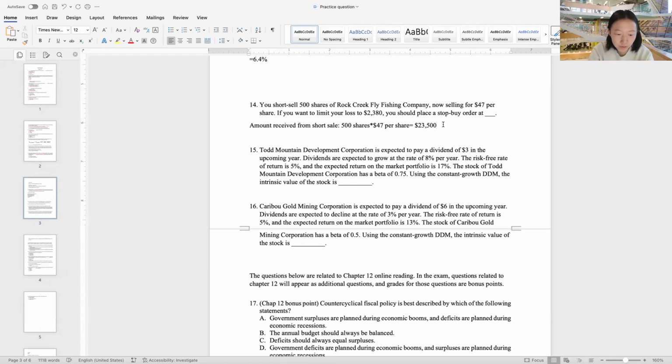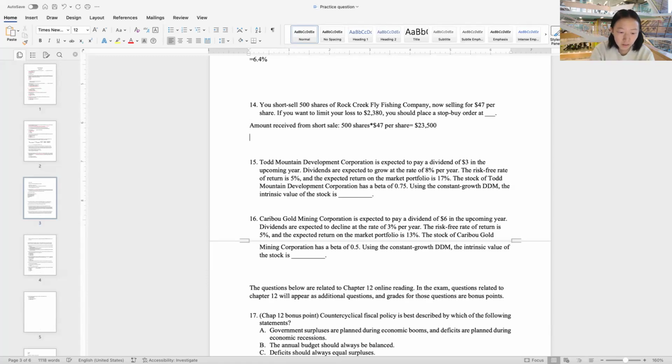And then the person wants to limit the loss, and the loss is 2,380.